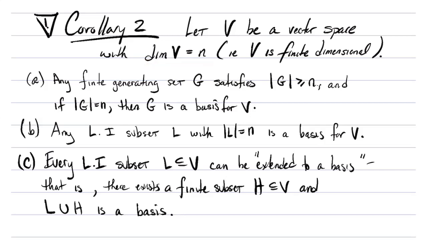Very important: we're given a finite dimensional vector space. So this is a theorem about finite dimensional vector spaces. And then what does it say? It says if you take any generating set for it, that generating set has at least the dimension number of vectors. And moreover, if it has exactly that number, then it's a basis.